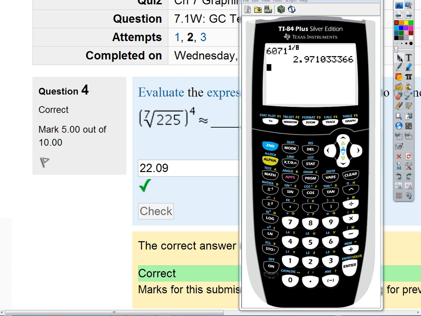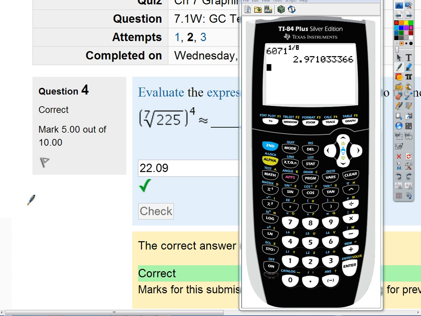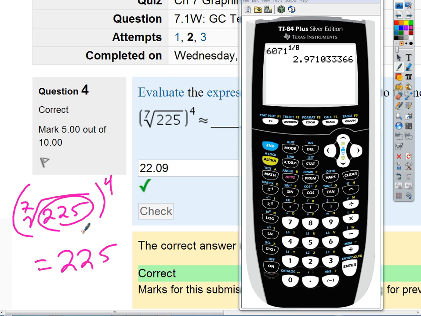So the 7th root of 225 to the 4th equals 225, the base, to what power? The 4/7s, right? The 7, being the index of the radical, has to go on the bottom. And then that's just a normal exponent, so we're multiplying 1/7 times 4, which is 4/7s. So this one goes on top, that one goes on the bottom. Put that in my calculator, and be done.